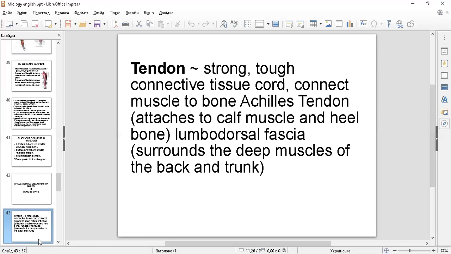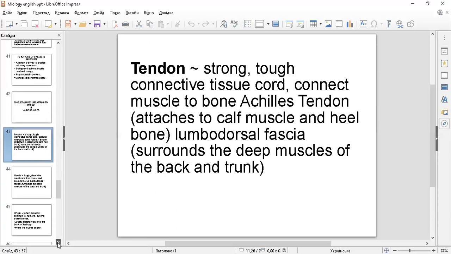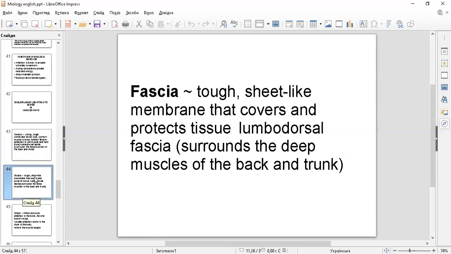Lumbodorsal fascia surrounds the deep muscles of the back and trunk. Fascia: tough, sheet-like membrane that covers and protects tissue.